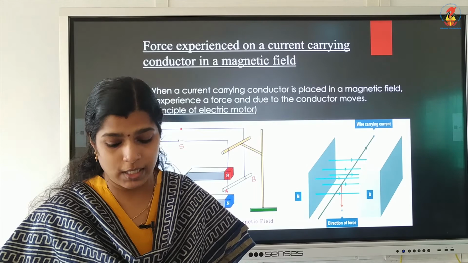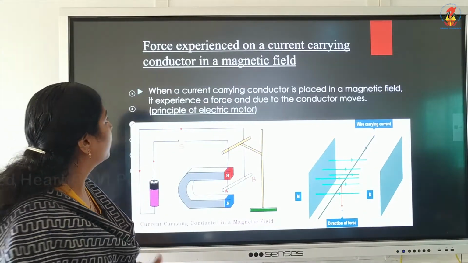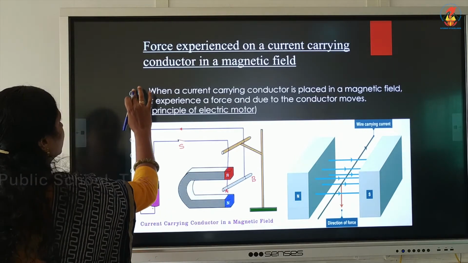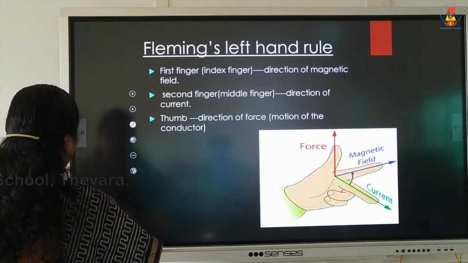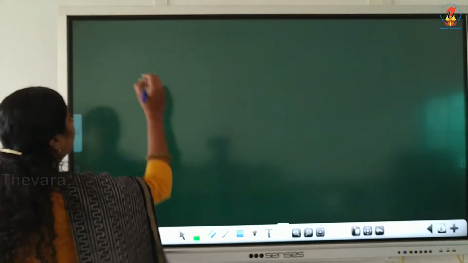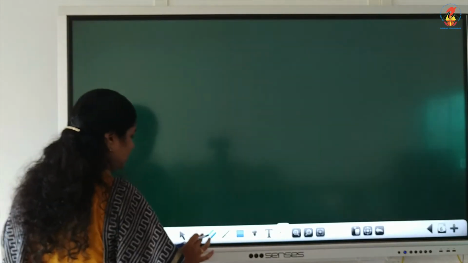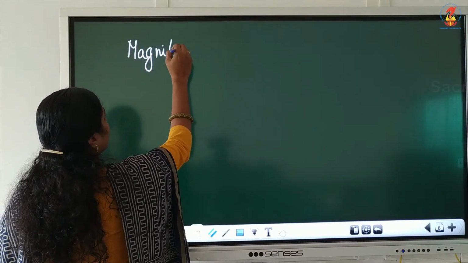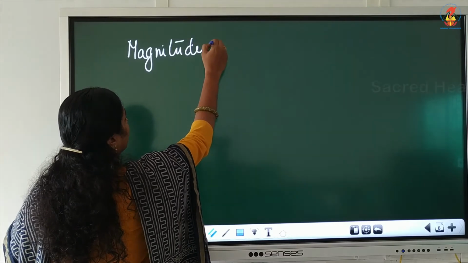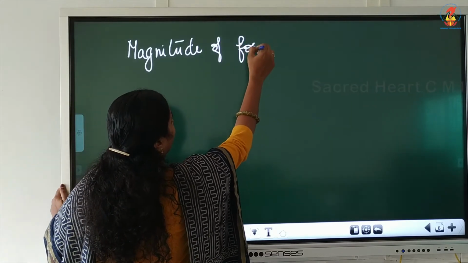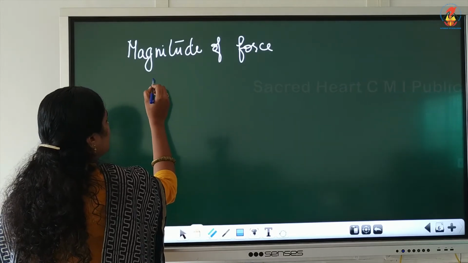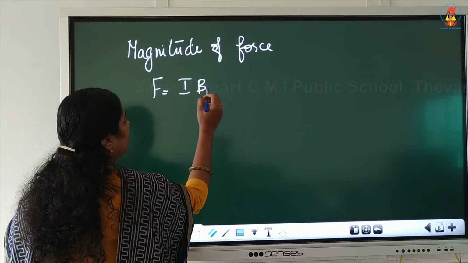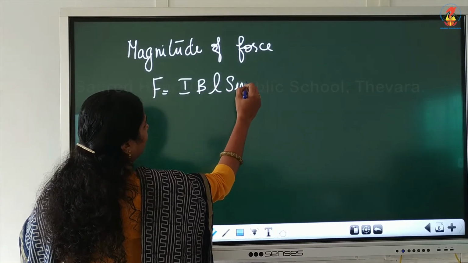So, three factors are there that affect the force experienced by a current carrying conductor, that is, the magnitude of force. The equation is F equal to I B L sin theta.